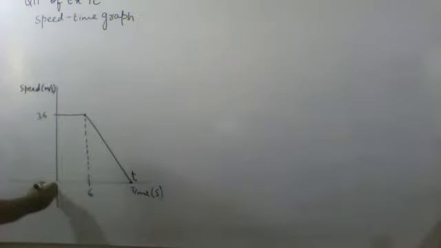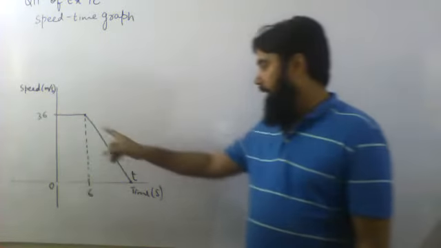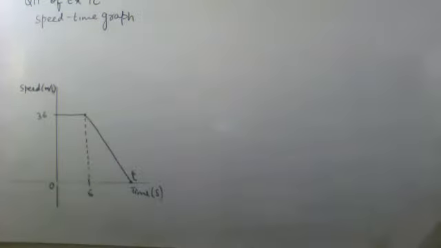They are saying that an object was traveling at a constant speed for 6 seconds, and then it is slowing down at a constant rate of 12 meter per second square.